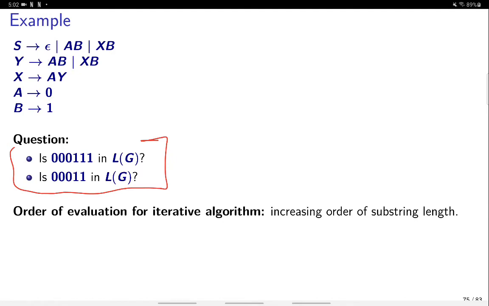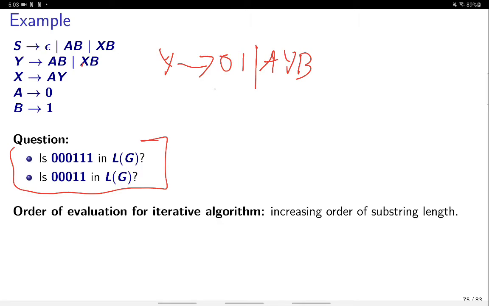A, B we already said is 0, 1, so Y goes to 0, 1, or it goes to XB. But X has only one rule that goes to AY, so this is really AYB. This is the equivalent way of writing it.